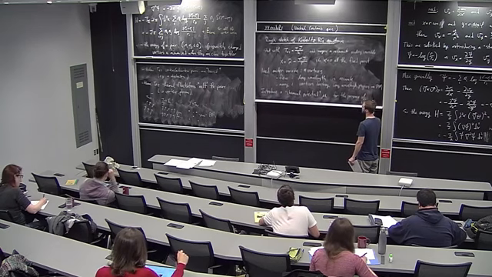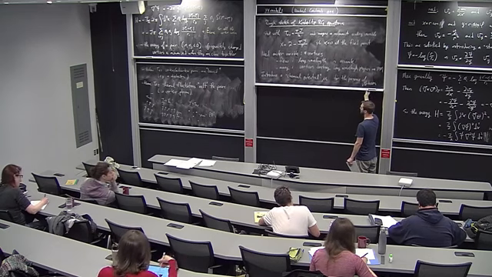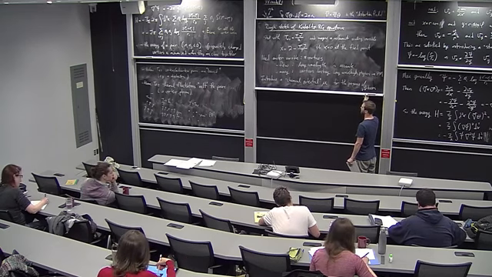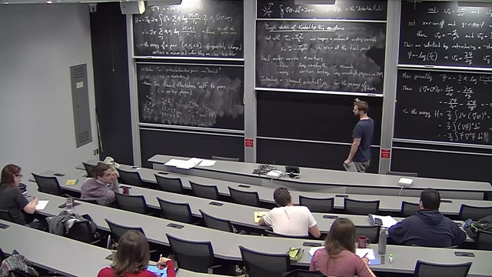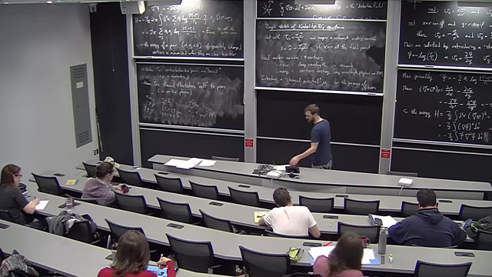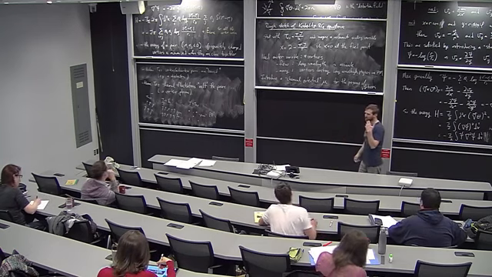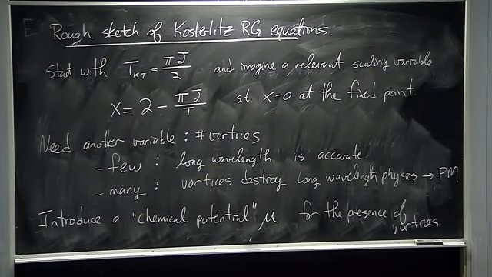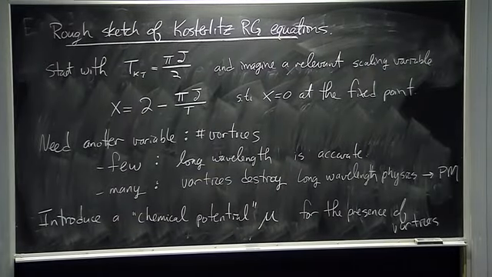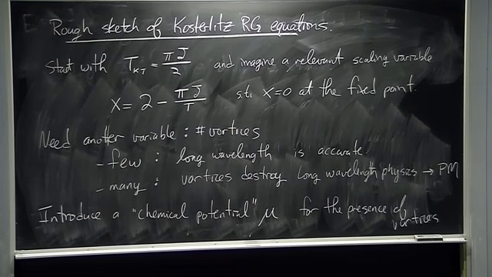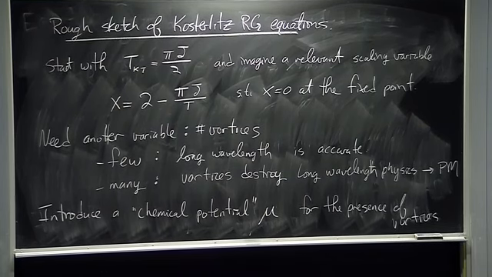Okay, so that's kind of unsatisfying in a way, but who cares? It's just a mathematical construct in some sense. And so from this, we're going to define a fugacity. And that is just the exponentiated chemical potential that would occur, say, in the partition function.